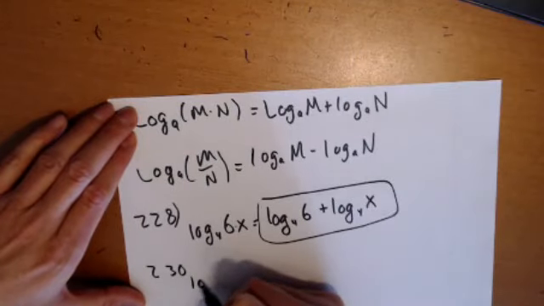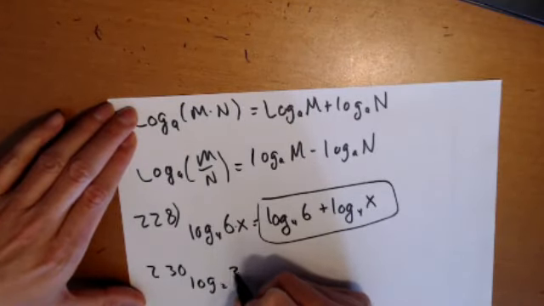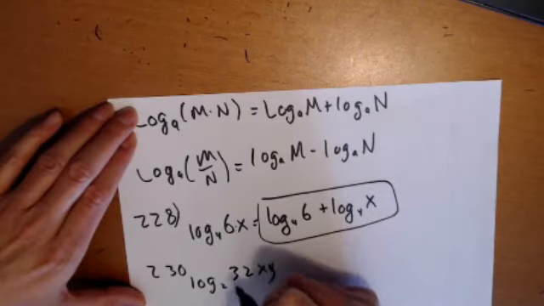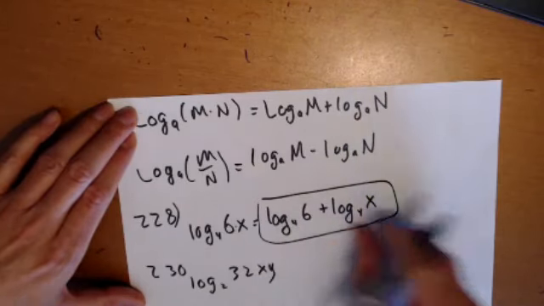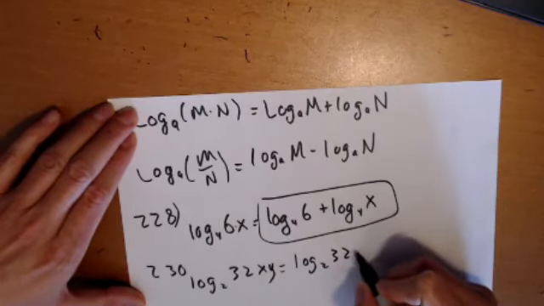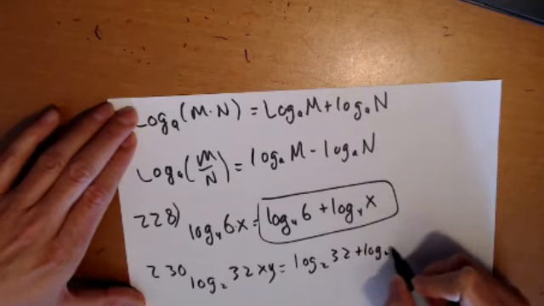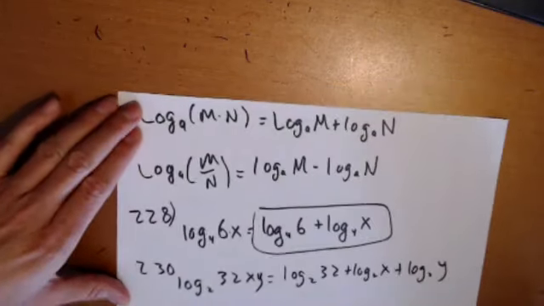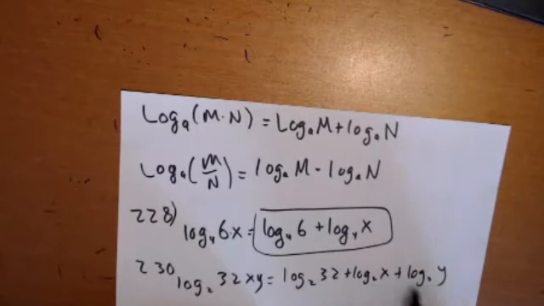230. Log base 2 of 32xy. There's three things, a 32, an x, and a y, so I'm going to get three things being added. Log base 2 of 32 plus log base 2 of x plus log base 2 of y. Are we done? Can anything be simplified?